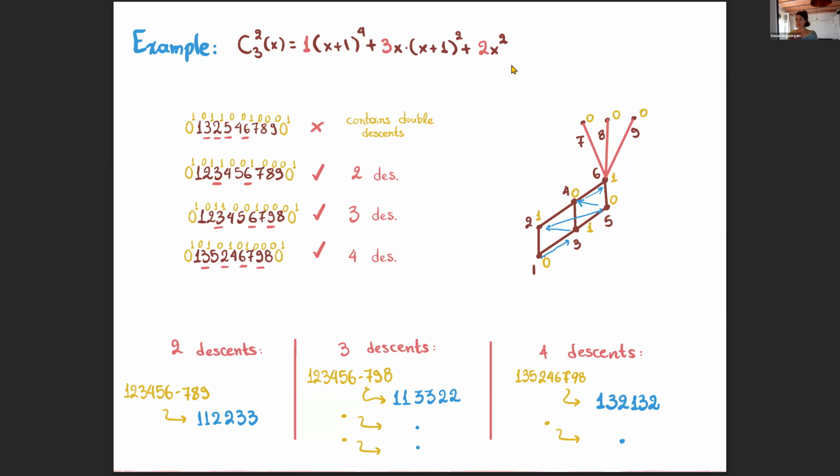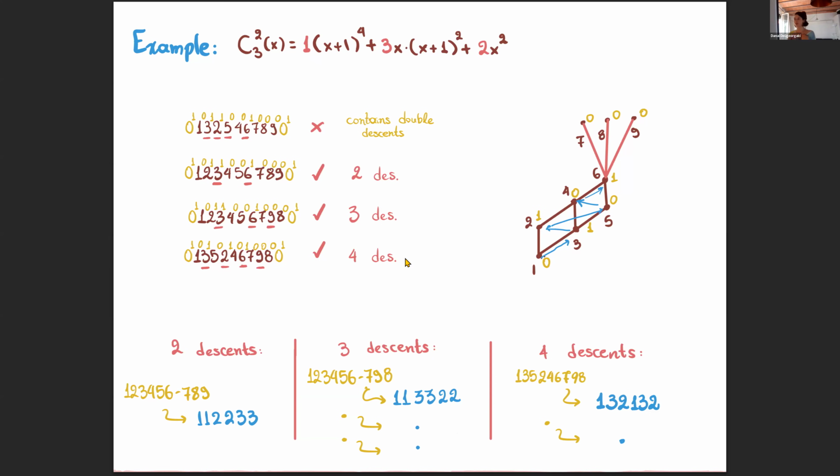And for example, if I look at the second example here, it has no double descents, no two consecutive descents, and it has exactly 2 descents in total, which is the minimum number of descents I can have given that I introduced these signs. So that permutation and its corresponding Canon permutations 1, 1, 2, 2, 3, 3, it's gonna contribute to the term 1 here in my coefficients.